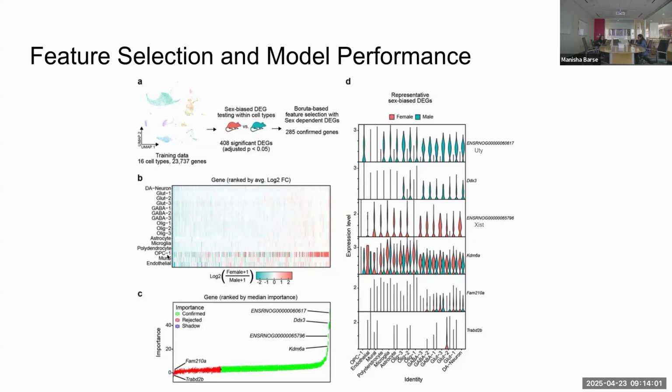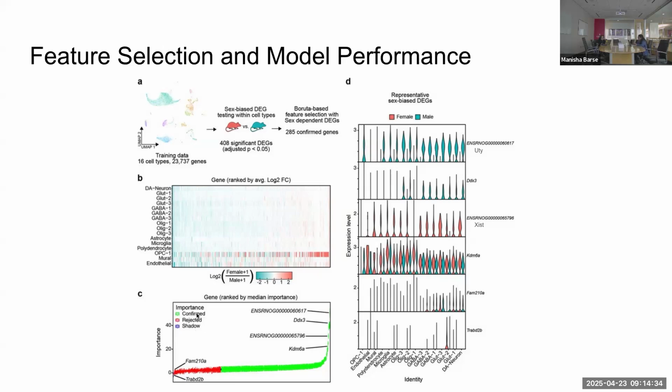OPC is basically showing higher gene ranks for females. In panel C, they have genes ranked by the median importance. These are the median importance values obtained from Boruta's feature selection algorithm.